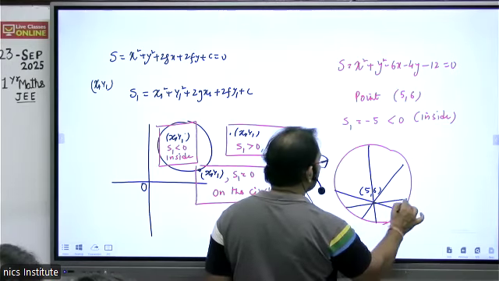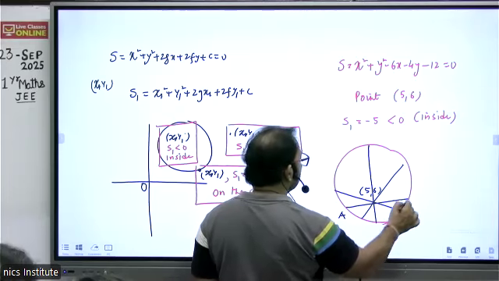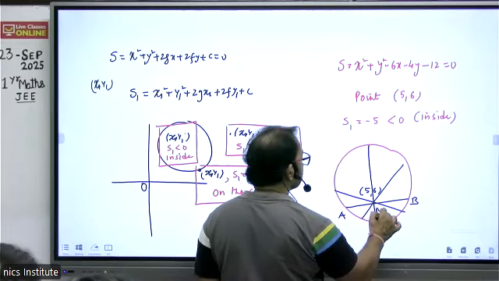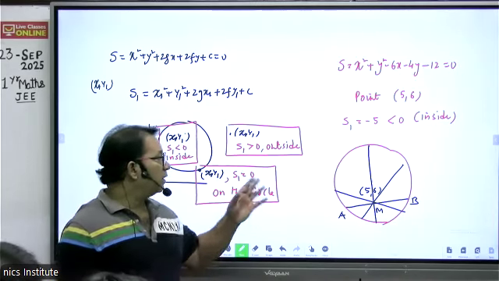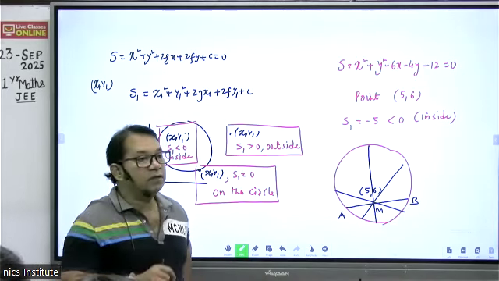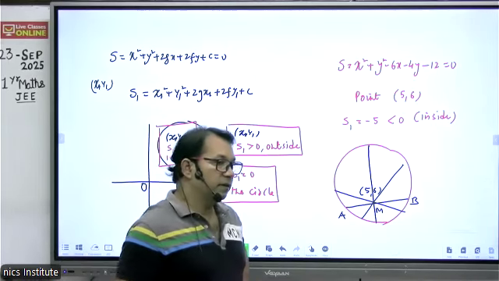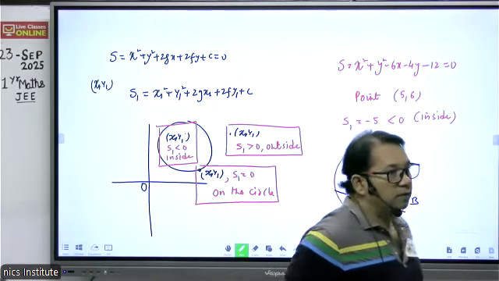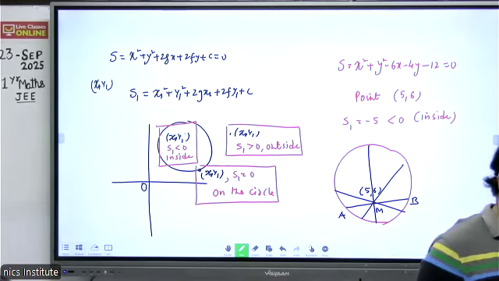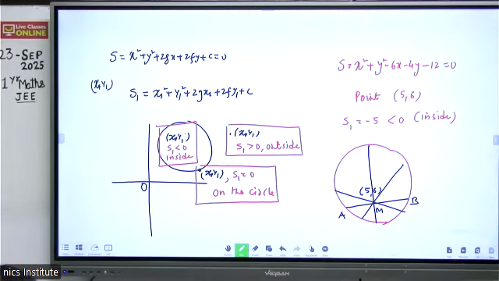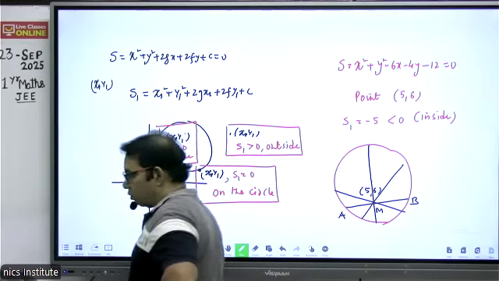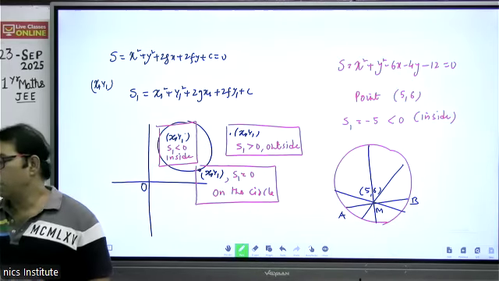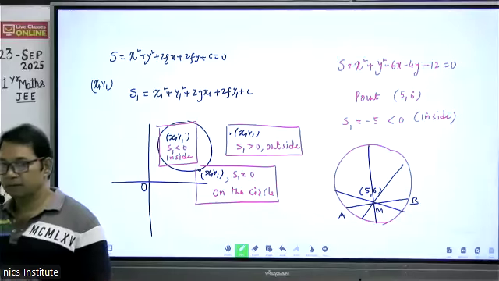But among all those chords, there'll be one chord whose midpoint would be this. सिर्फ एक ऐसी chord होगी जिसका midpoint ये point होगा. Now the next question is: find equation to the chord whose midpoint is (5, 6).